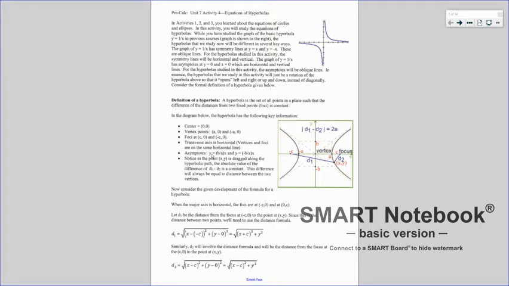Equation of the asymptotes: y equals b over a times x, and y equals opposite of b over a times x. It's looking at this line right here and this line right here. The y-intercept is 0, so that's why I don't have to have a plus 0. And the slope, we're going to find out, is actually determined by this rise over run.